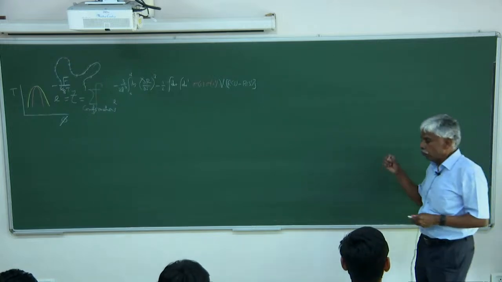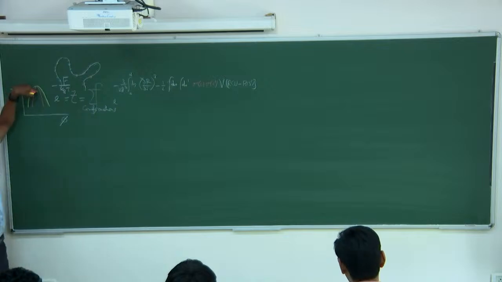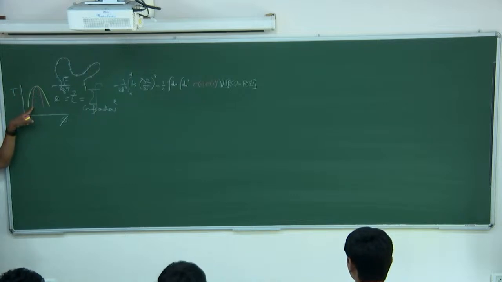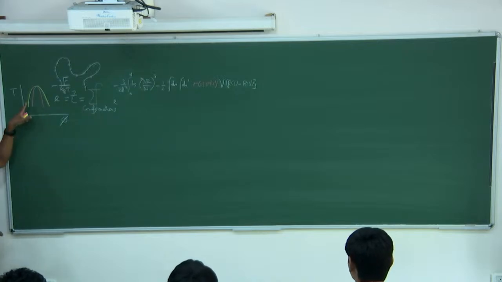The chemical potential of component 1 will be different from that of component 2, but for a particular component in multiple coexisting phases, the chemical potential should be the same. If it is not the same, then the system is not in equilibrium, and it will evolve to make sure the chemical potential is the same. That is basically the summary of what we did.